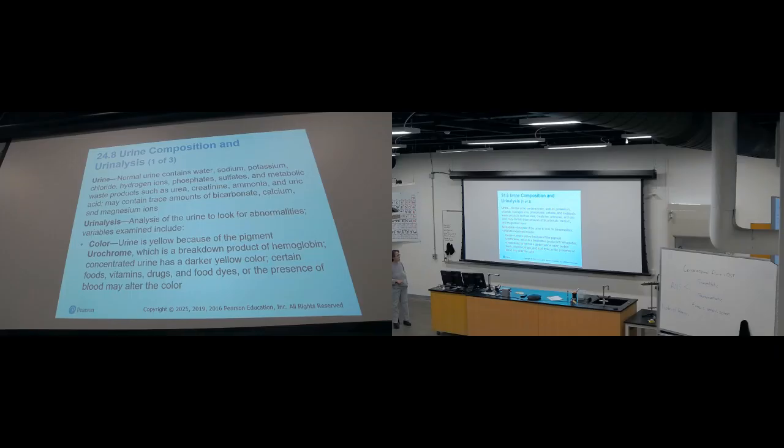And then also certain things in the urine can give color. So for instance, if someone ingests vitamins, some of these vitamins have a coat with a color dye, and then you go and urinate and it's a little bit darker than usual.